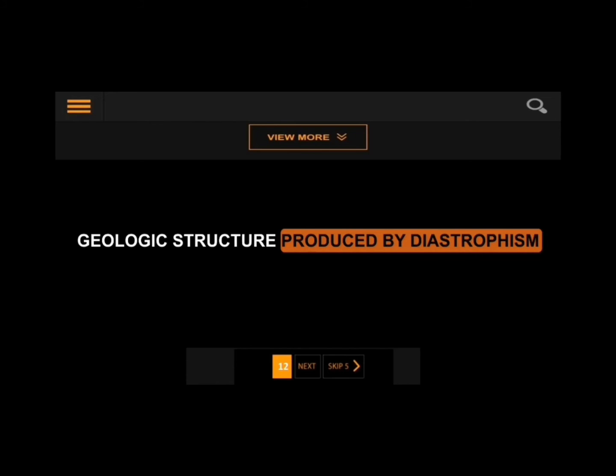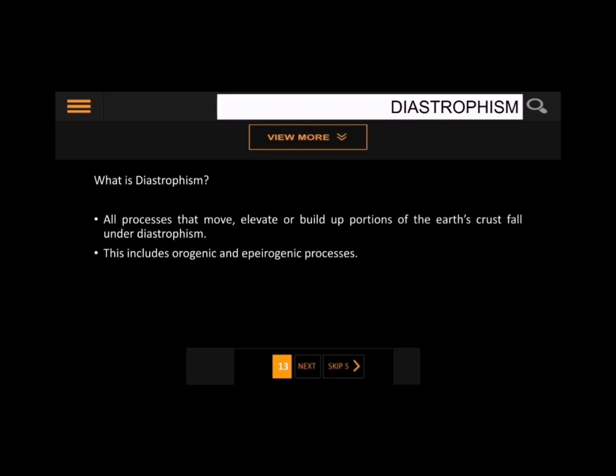Let's proceed to the geologic structure produced by diastrophism. But before we go there, let's ask ourselves, what is diastrophism? Also called tectonism, it is the large-scale deformation of Earth's crust by natural processes, which leads to the formation of continents and ocean basins, mountain systems, plateaus, rift valleys, and other features by mechanisms such as plate tectonics, volcanic loading, or folding.